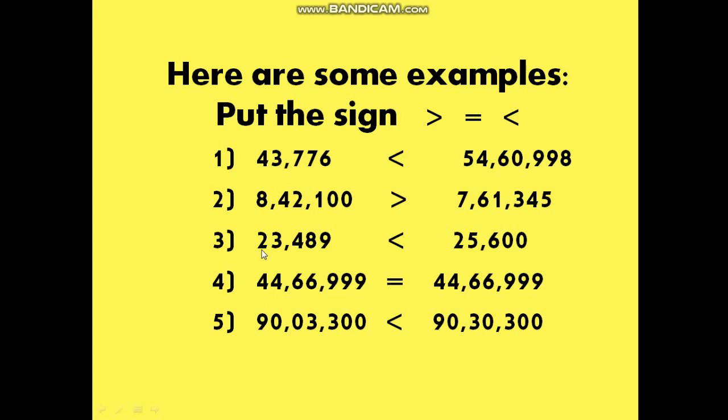At 10,000's place we have 2 here and here also 2. So we compare the digits at thousands place. The digit at thousands place is 3 here and here it is 5. Which one is greater? 5 is greater, so this number is the greater number.